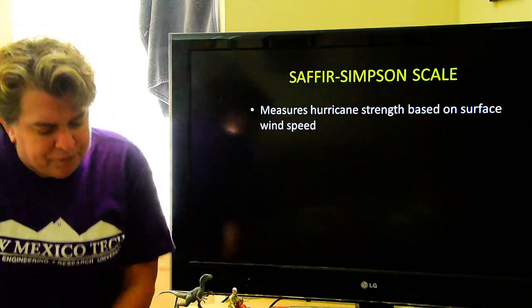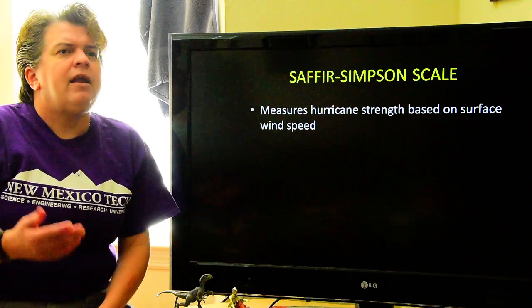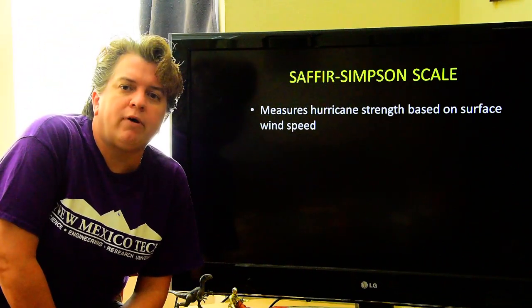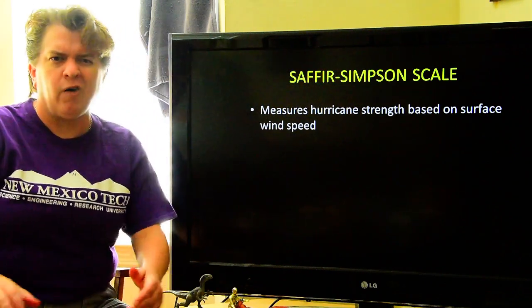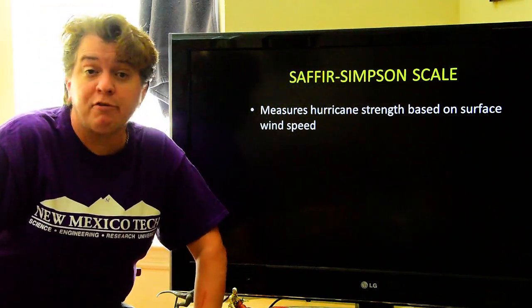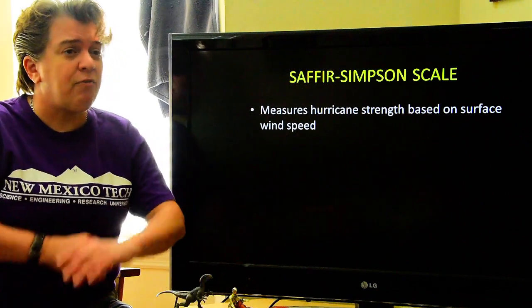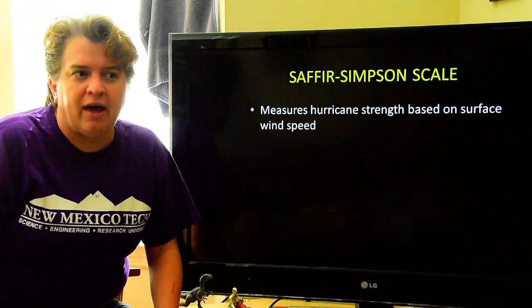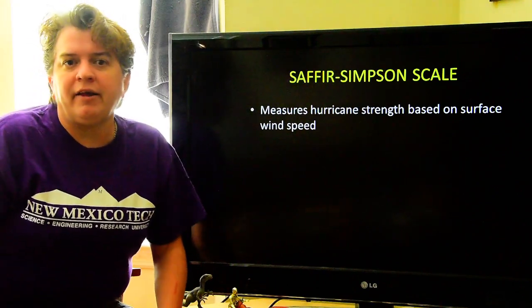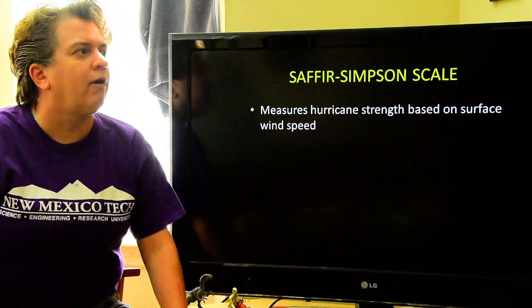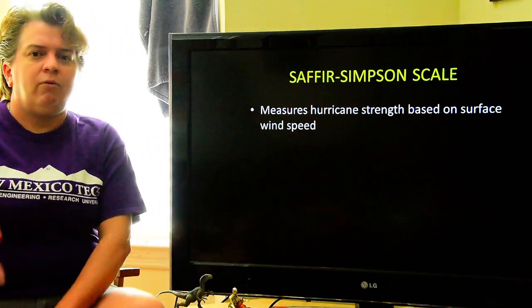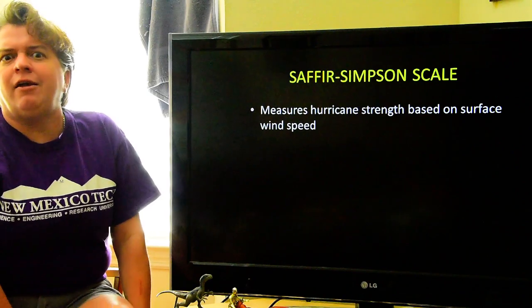All right, so all of our natural disasters that we've learned about so far, people always want to measure them, right? We want to know how bad was it, how strong was it, right? And everything seems to have a scale used to measure that, whether it's the Mercalli intensity scale or the Richter magnitude or the volcanic explosivity index, whatever.